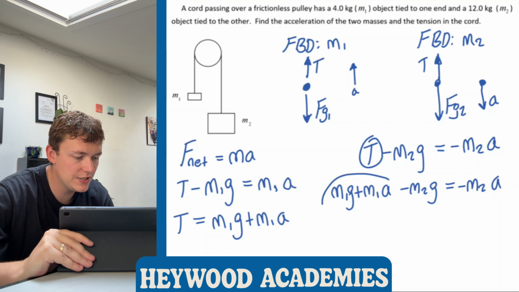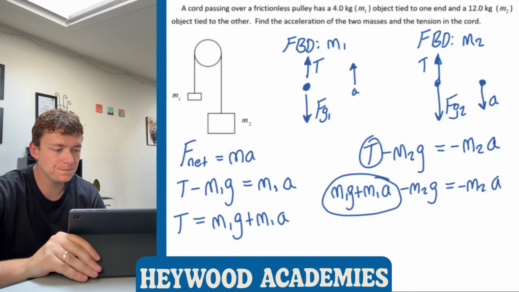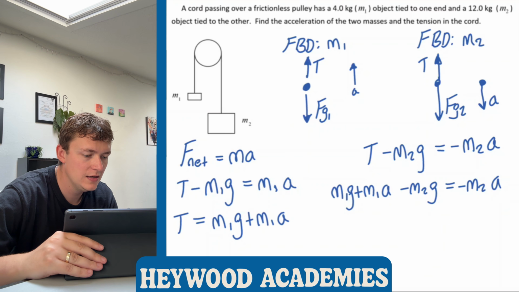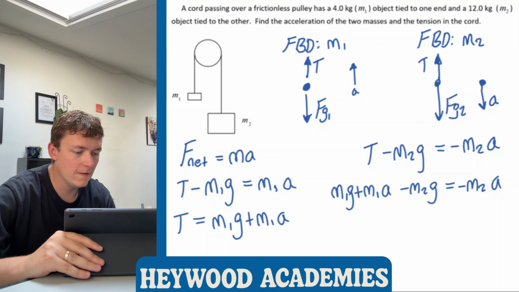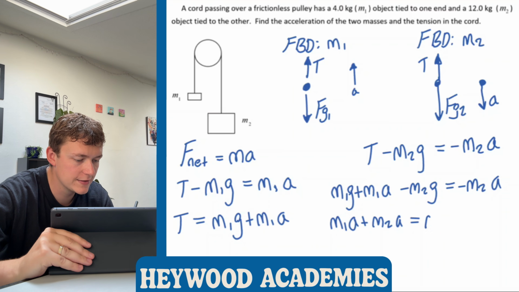So we've replaced tension with what we had for the other equation there. And now we can go and solve for the acceleration. So I'm going to bring all the terms that have acceleration over to the left side, and all the terms that do not have acceleration over to the right side.